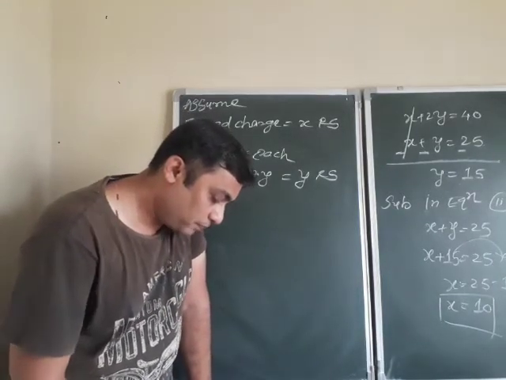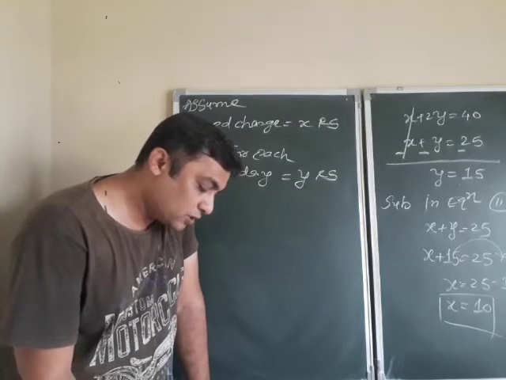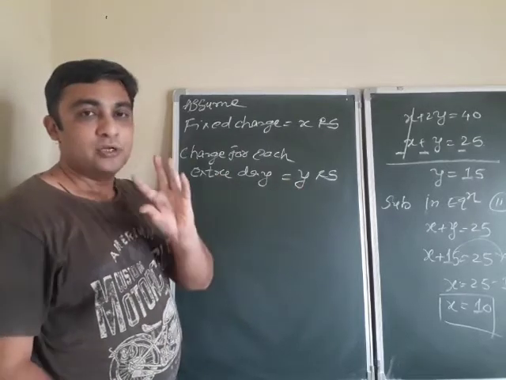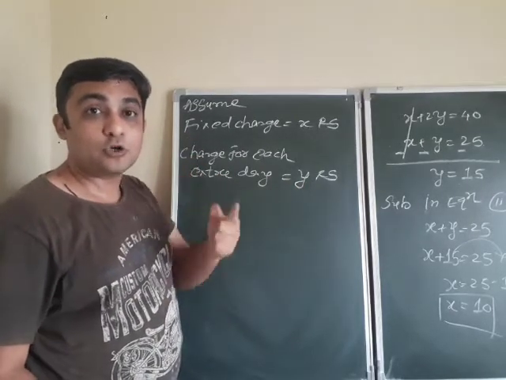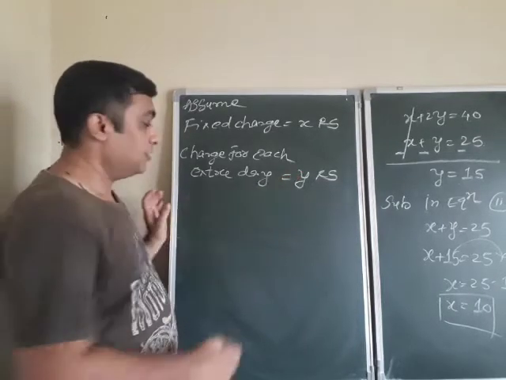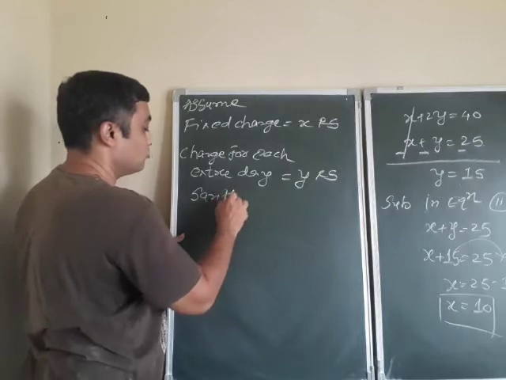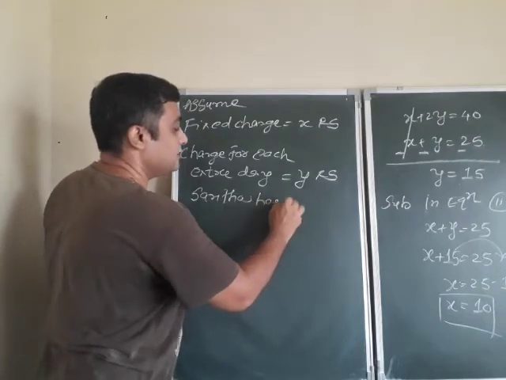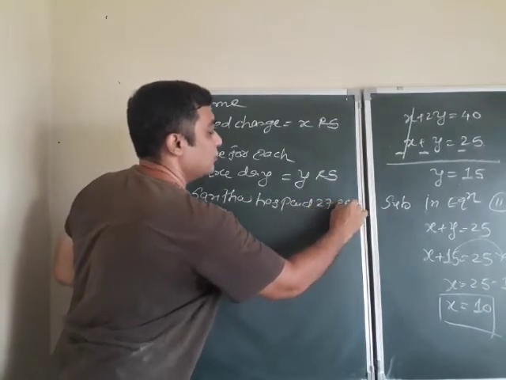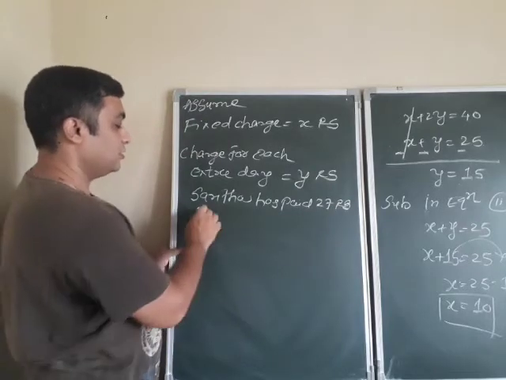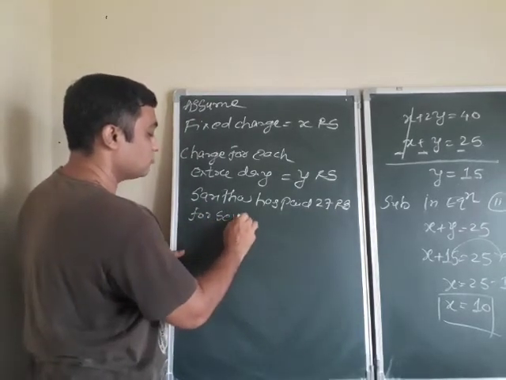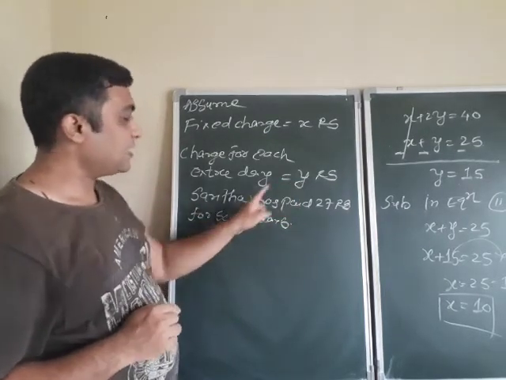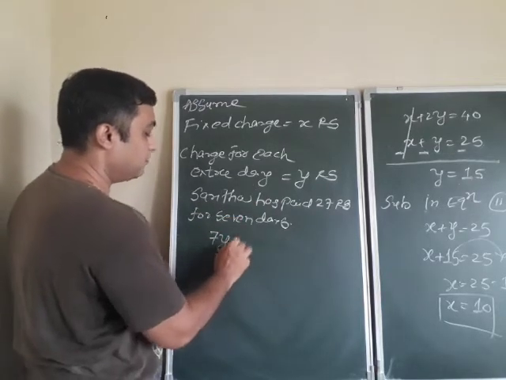Sharita paid rupees 27 for a book kept for 7 days. Now if the charge for each day is equal to Y rupees, Sharita kept the book for 7 days. So what is the total amount she has to pay? 7 into Y. So 1 day charge is equal to Y rupees, so the 7 day charge is equal to 7 into Y plus the fixed charge.